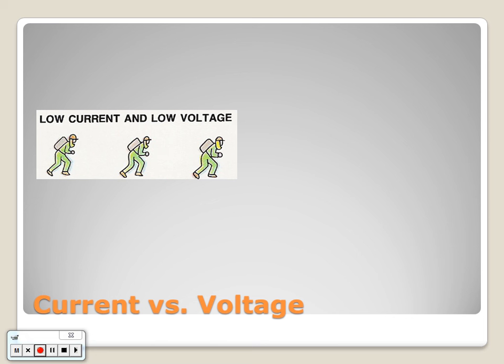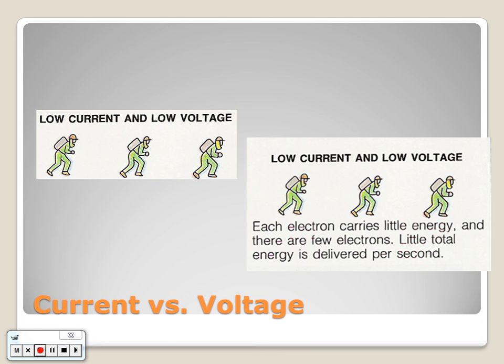Eric, go ahead. Low energy electrons. How many low energy electrons? Not very many low energy electrons. So in this case, with low current and low voltage, each electron only carries a little bit of energy, and there aren't very many electrons. Is this a dangerous situation? Not really.